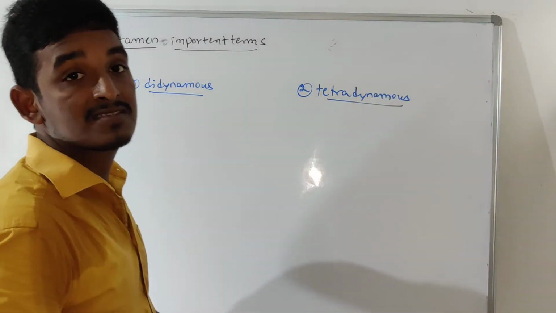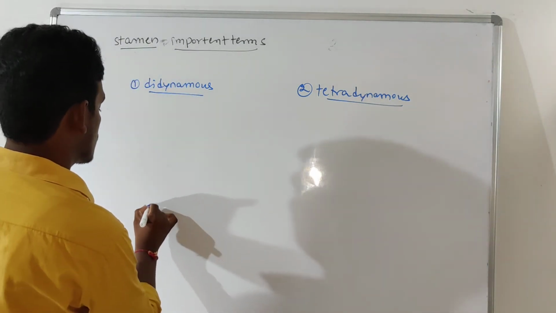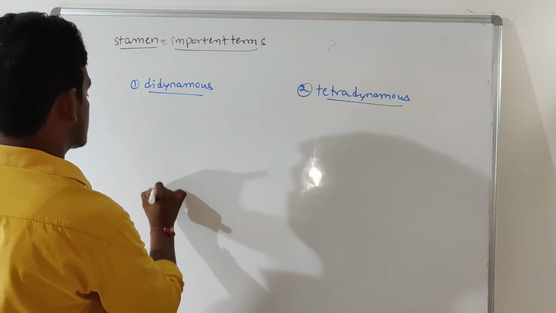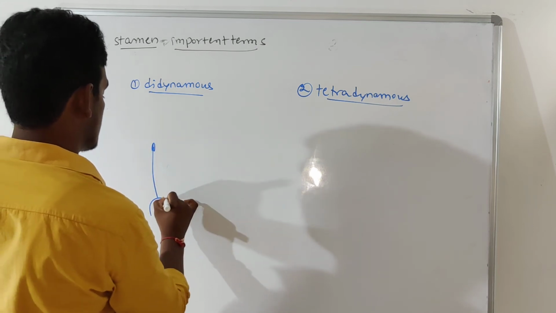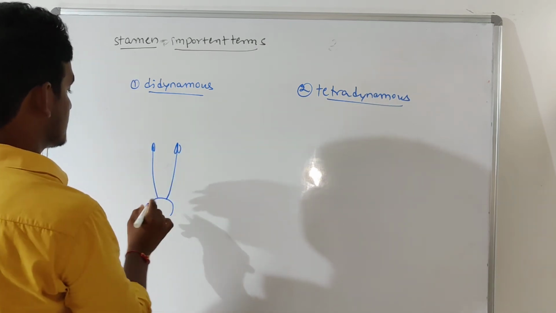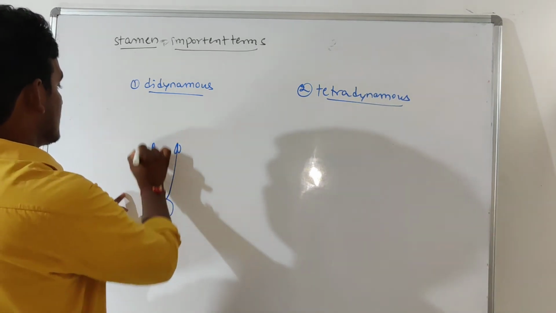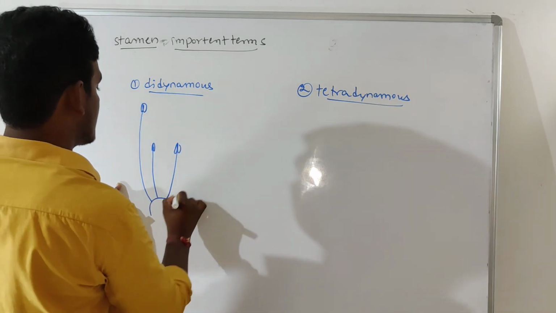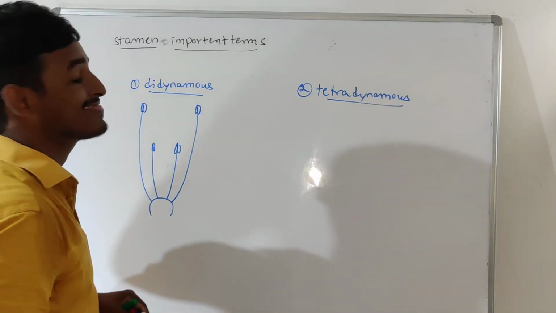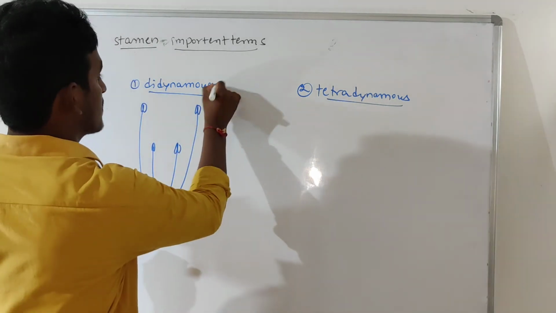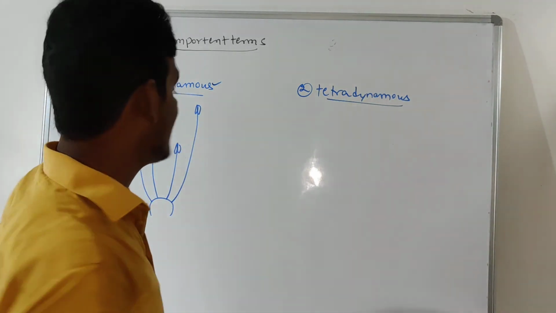In didynamous, here a total of 4 stamens are present. 2 stamens are short in length, the remaining 2 stamens are long in length. So the type of condition we call is a didynamous condition.